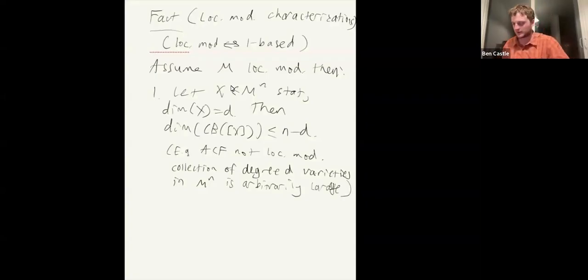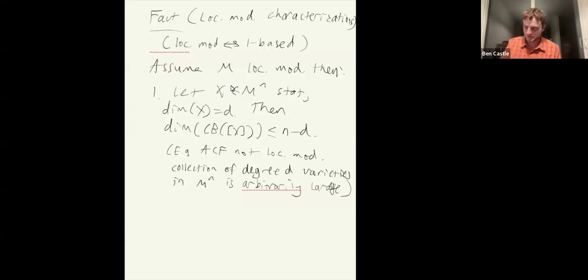So you can take a family of stationary sets in M to the N which is arbitrarily large, whereas local modularity says no, it's really bounded by N minus the dimension of each one. Okay, so great. So that's saying that in M to the N, you have a bound on how big of a family you can have.